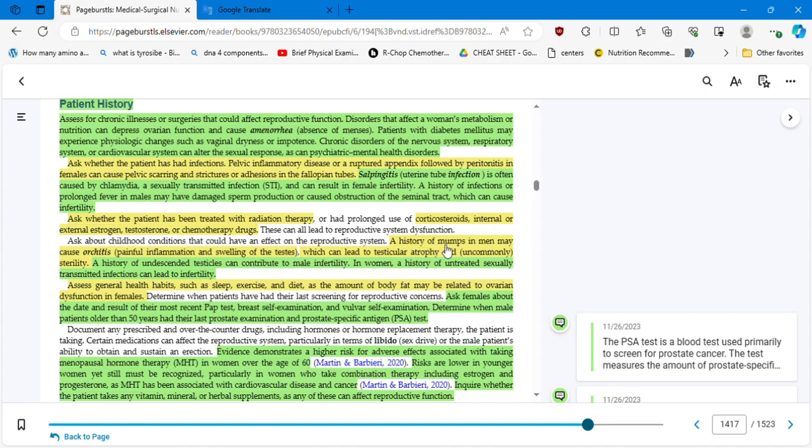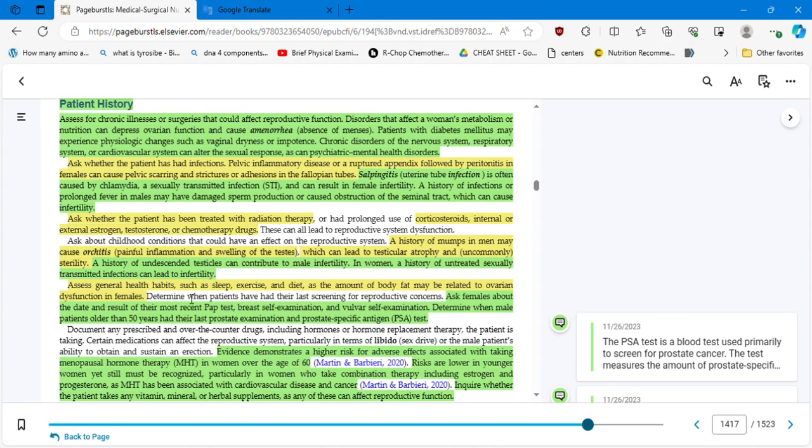A history of mumps may cause orchitis, painful inflammation and swelling of the testes, which can lead to testicular atrophy and, uncommonly, sterility. Okay, a history of undescended testicles can contribute to male infertility. We are going to talk about all these in chapter 67. In women, a history of untreated sexually transmitted infection can lead to infertility.